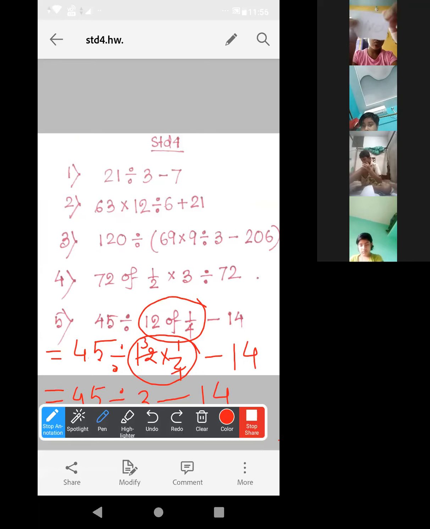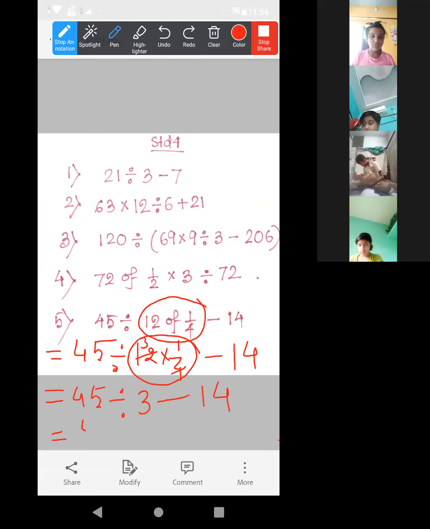Look at this. Now 45 divided by 3 means what? 15. The answer will be 1.